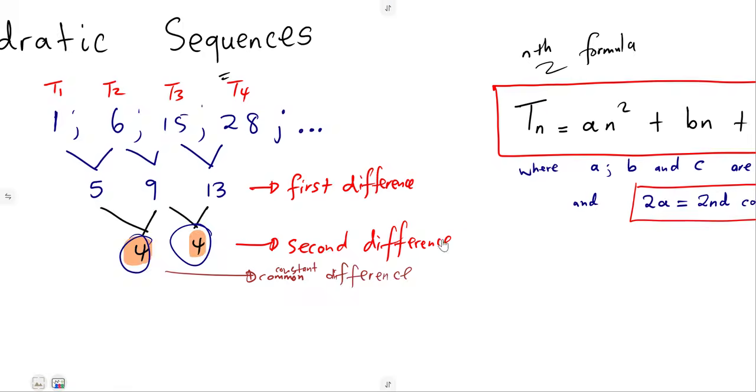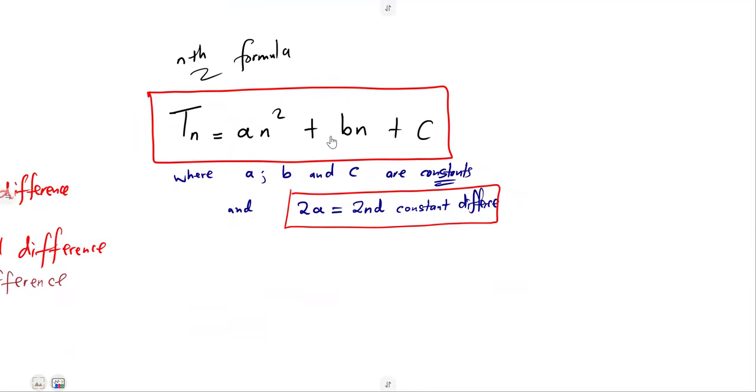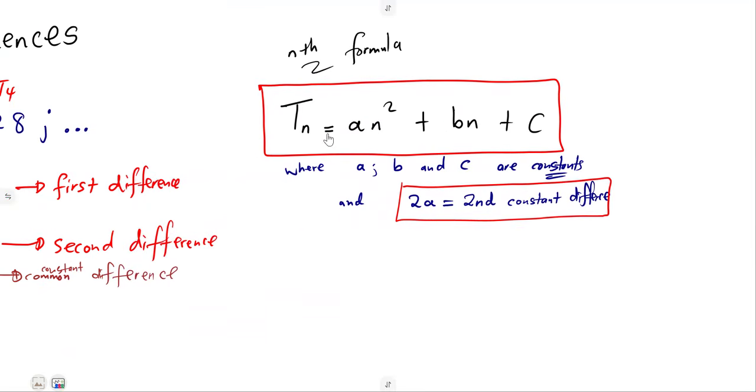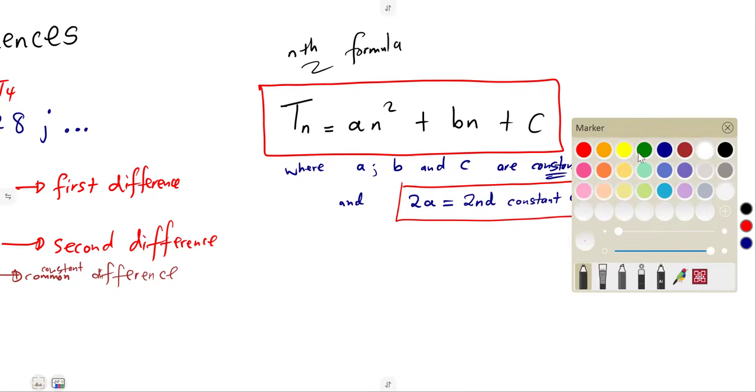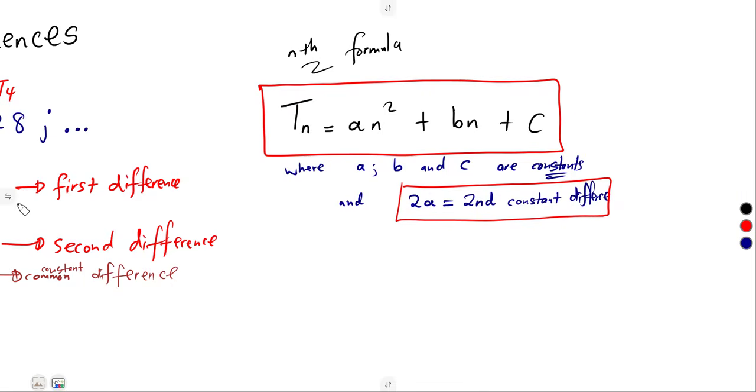And your Tn is written in the form of an squared plus bn plus c, all right? So the nth formula is this one, guys. But in order for us to have it, there are steps to calculate that. So I'm going to work it from the simplest version, then we go to another part.